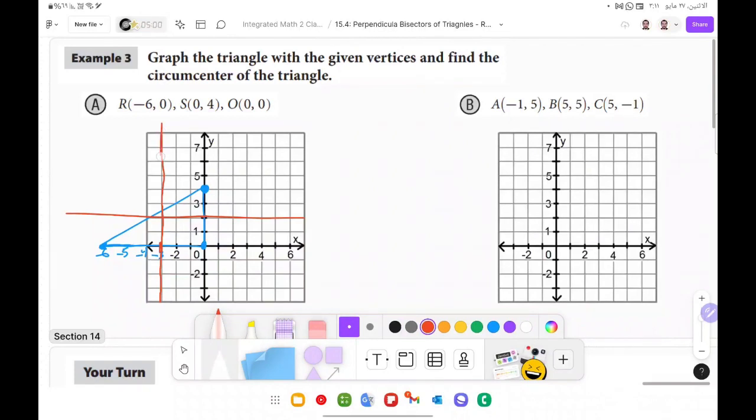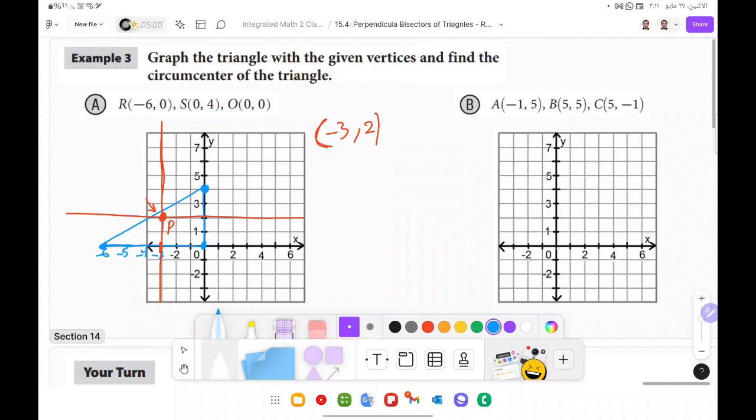Okay, so as you can see here, now the straight point, or let's say this one here is my circumcenter. So now if I ask you what is the circumcenter here, just give me the coordinate. What is the coordinate for this point? It's -3 and 2. Now let's do the other one here. Let's graph this one, -1 and 5.